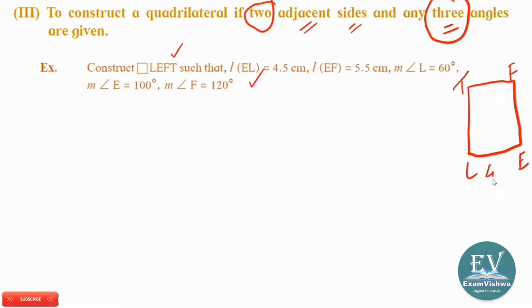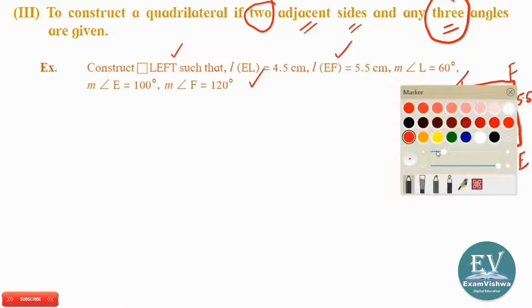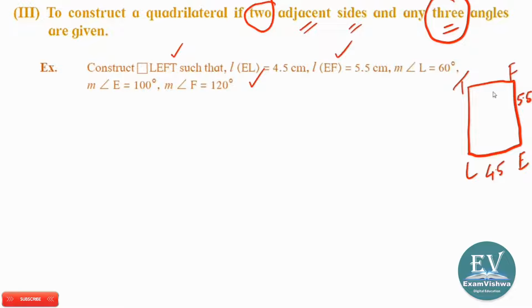We will see that EL is 4.5 centimeter, EF is 5.5 centimeter, and the measure of angle L is equal to 60 degree. Okay, and E is 100 degree, F is 120 degree. This is what is given.